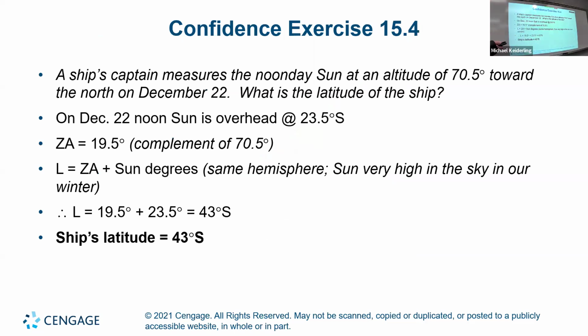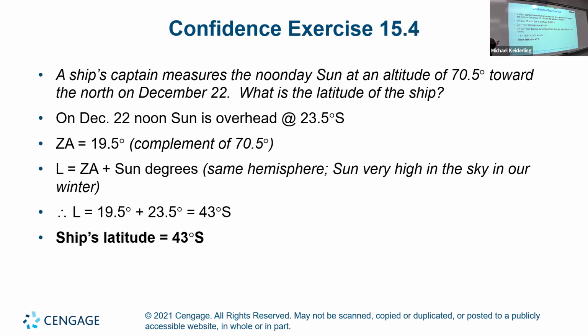Now here, a ship's captain measures the noonday sun at an altitude of 70.5 degrees towards the north on December 22nd. What's the latitude of this ship? Well, on December 22nd, the noonday sun is over 23.5 degrees south. But here we're measuring the altitude of 70.5 degrees towards the north. So we're in the southern hemisphere.